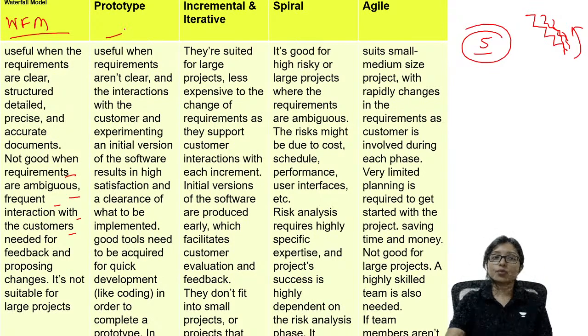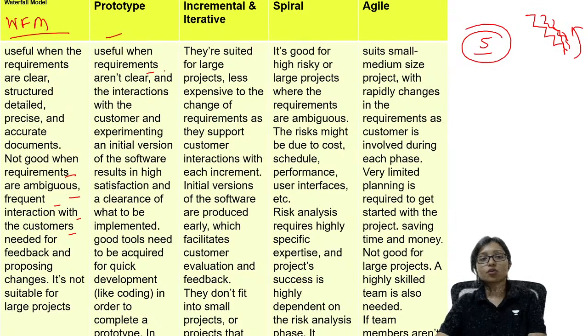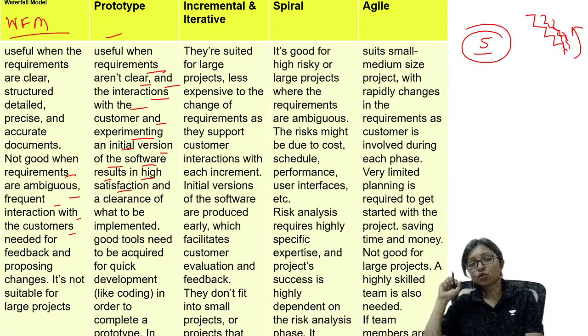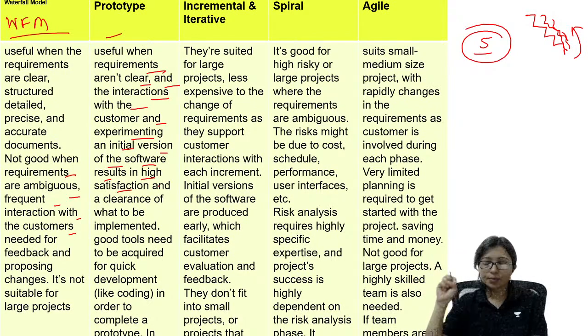So this is called the prototype, useful when requirements are not clear, with interaction with the customer and experimenting with the initial version of the software, the result is high satisfaction. That is called the prototype model. Actually we are showing the dummy to the customer, not the complete one, only the minimum part, so that whenever the customer is happy with that, then we can go for the development.